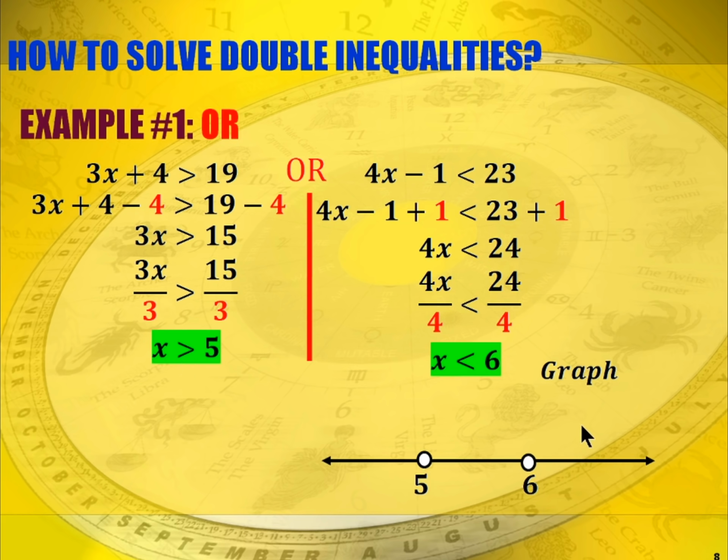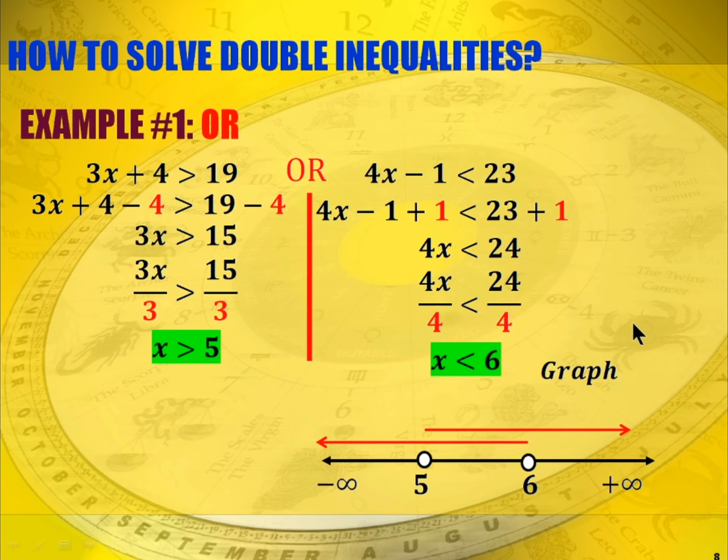So we'll graph the solution set. Of course, this is positive and negative infinity. We have x greater than 5, meaning from 5 to positive infinity. X is less than 6, meaning from 6 to negative infinity.